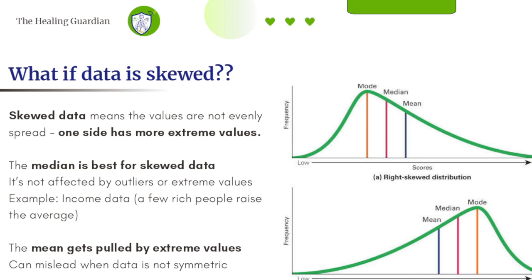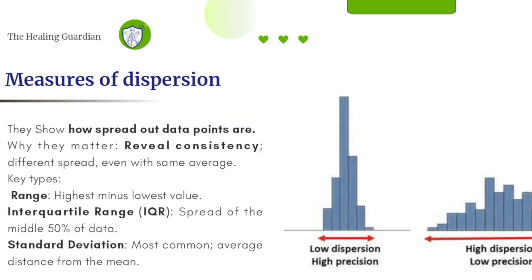And lastly, the reason is the mean is pulled by extreme values. If you're having strong outliers, maybe someone with very high or someone with very low, if you use all their values to measure the average, it will not be a realistic representation. That is central tendency.